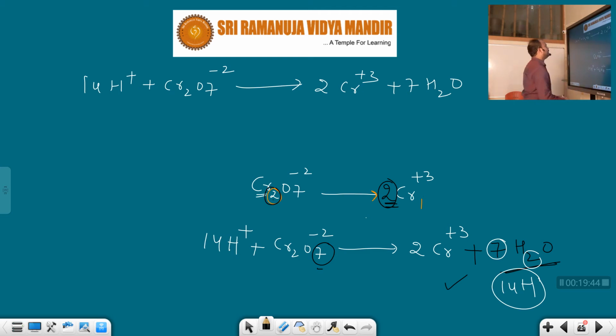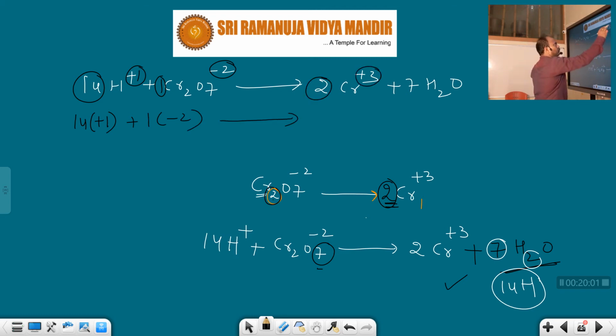Okay, take a look here. This is 14 into plus 1, and here 1 into minus 2, which gives rise to 2 threes, so you multiply like this. 2 threes are how much? Plus 6.